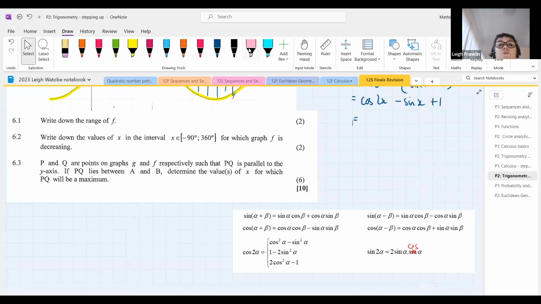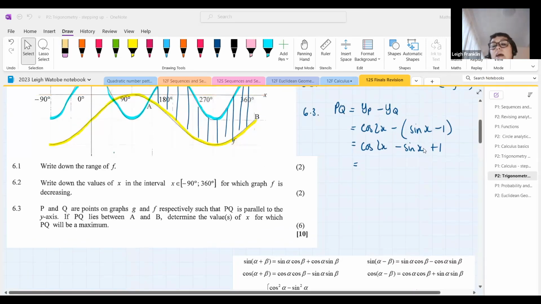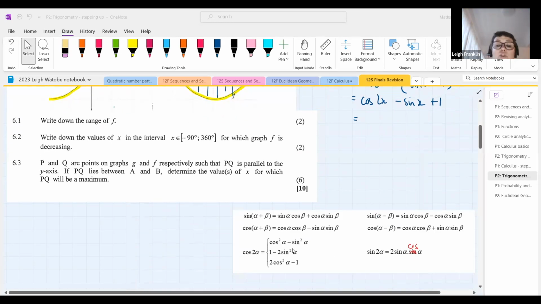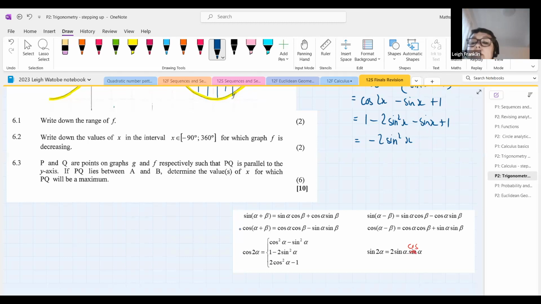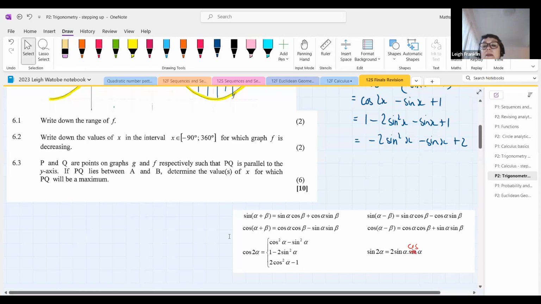What do you think we should do with the cos 2x? Write it in terms of sine x. I agree. Good. Because we've got a sine x term in the middle, we're going to write it in terms of sine x. So we're going to replace cos 2x with 1 minus 2 sine squared x, minus sine x plus 1. And of course, now we're going to get it into minus 2 sine squared x minus sine x plus 2. Lovely. All right.